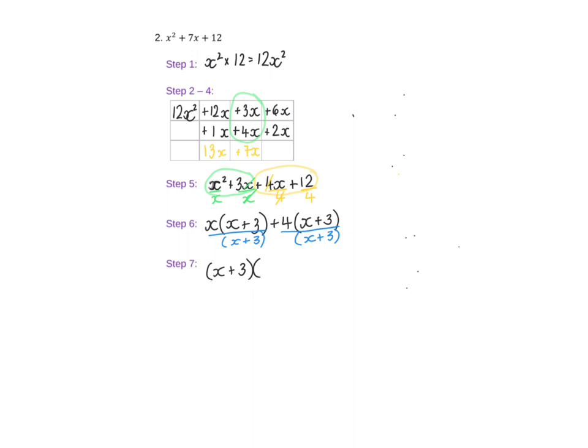And what remains if I divide each term by the x plus 3? It eliminates the bracket of x plus 3 if I've taken it out, and remaining from the first term would be x, and in the second term would be positive 4. So x plus 4. And that is your fully factorized form of the trinomial.